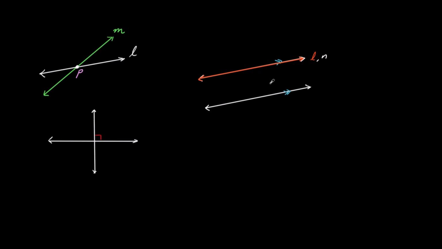So two lines could be the same line, but that's a less common scenario, of course. When we're talking about lines, they either intersect in one point, or they are parallel. But if they're the same line, then their intersection is the whole line.